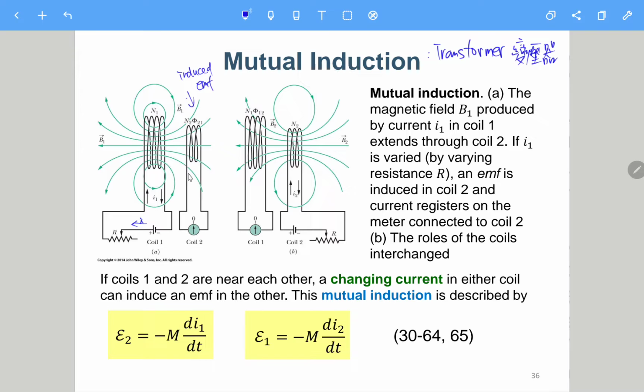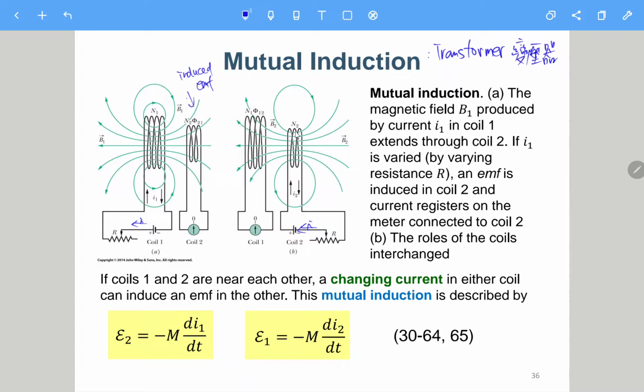Okay, so here, if we don't connect the battery to the first coil, rather we connect the battery and the resistor to the second coil, the current will still go to the left side like this, and the B field is also pointing to the left side using the right-hand rule. If we also change the resistance, which means we're changing the current, the magnetic flux going through coil 1 is also changing.